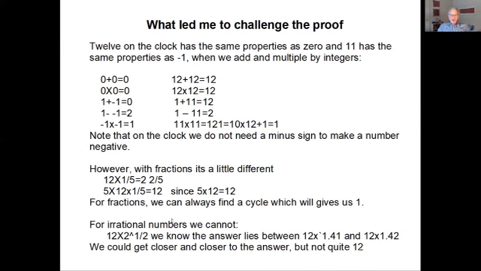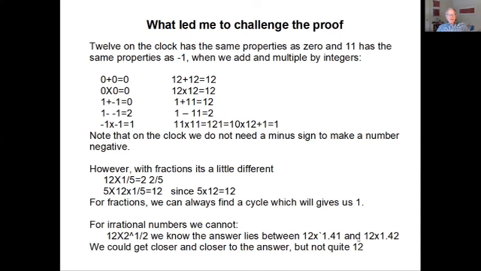And then for irrational numbers, I can't find, going around the clock, something commensurate which will fall right on the number. So the square root of 2 is 1.414, etc. I can't write it as a fraction. But what I do know is that 1.4 and 1.42 are either side of the square root of 2.